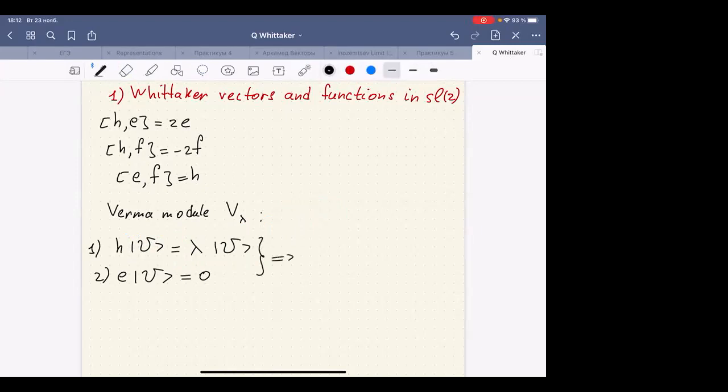Then V lambda is the span of V, FV, and so on, so the module is just generated by F.